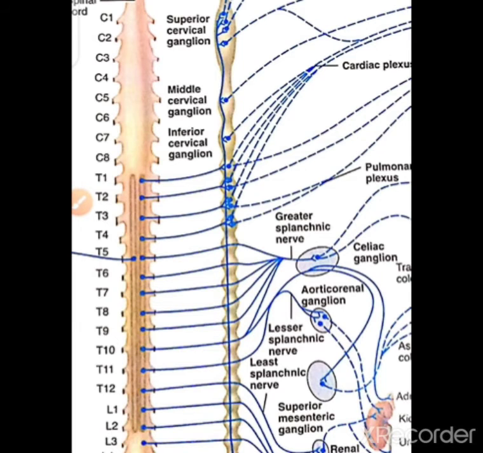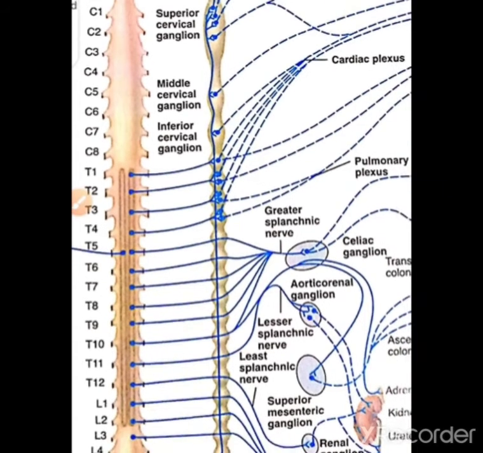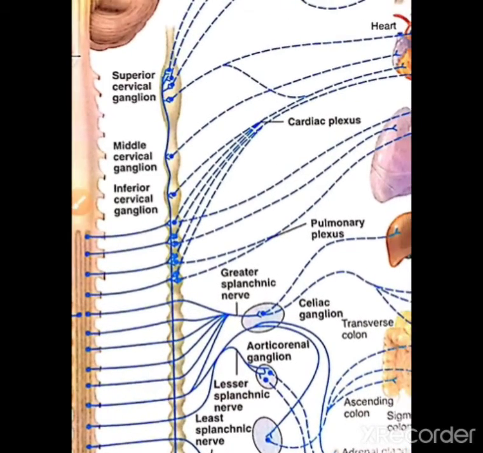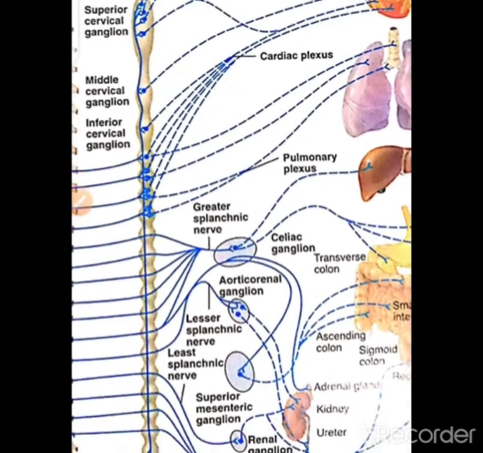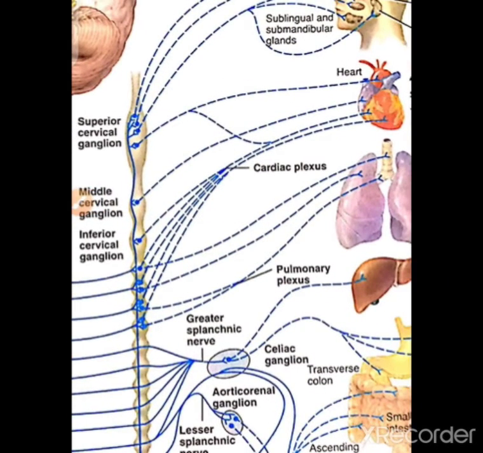These include the superior cervical ganglia, middle cervical ganglia, and inferior cervical ganglia, with preganglionic fibers, and the 12 thoracic and 2 or 3 lumbar ganglia.